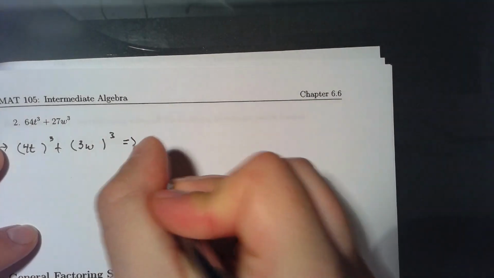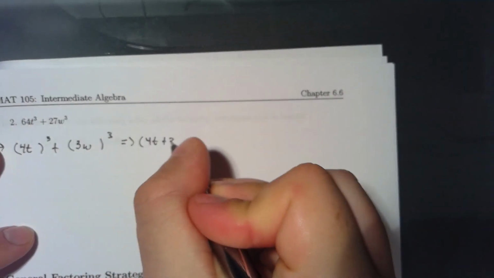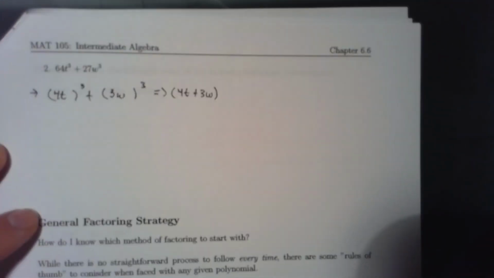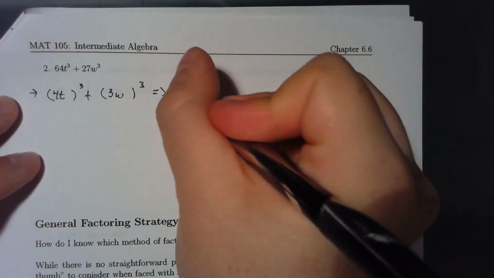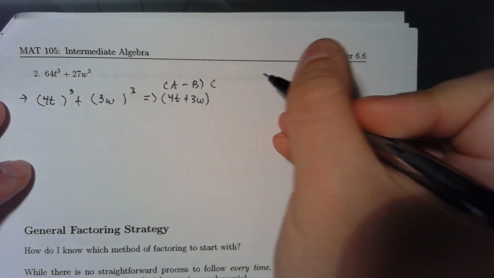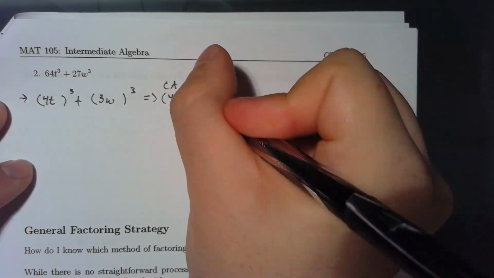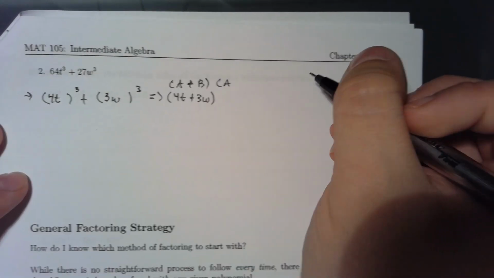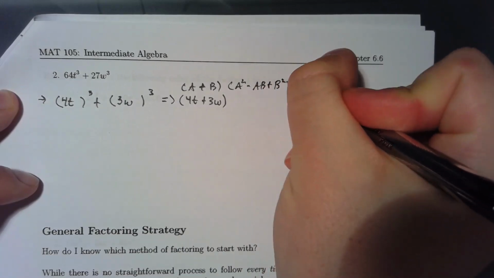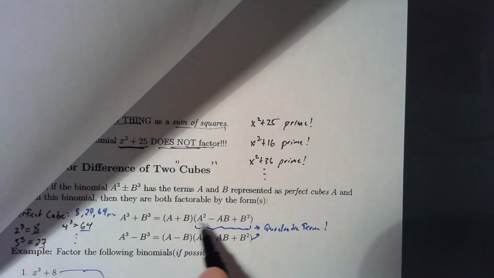So the factors are 4T plus 3W, all right? That's my A plus B term. I'm sorry, this is A plus B. My next term is going to be A squared minus AB plus B squared, right? Because that comes from the formula for the sum of cubes. A squared minus AB plus B squared.